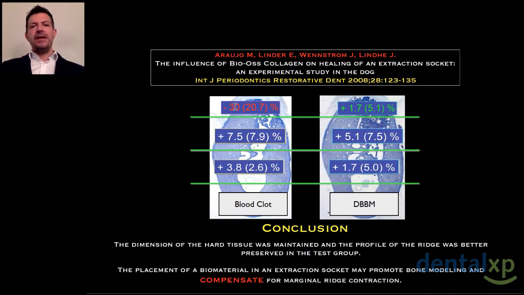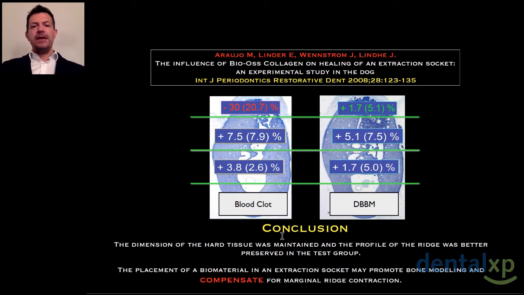In the most coronal portion of the ridge, that is the one that we know is the most important from the functional and aesthetic point of view, in the control group with spontaneous healing, we had about 30% of volume loss, remodeling with a loss of 30% of the original volume of the ridge. In the test group, grafting the socket with the demineralized bovine bone mineral, the ridge volume remained stable, plus 1.7%.